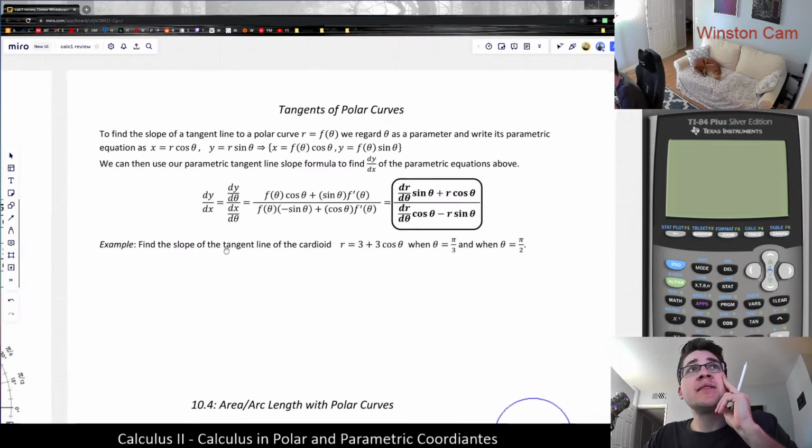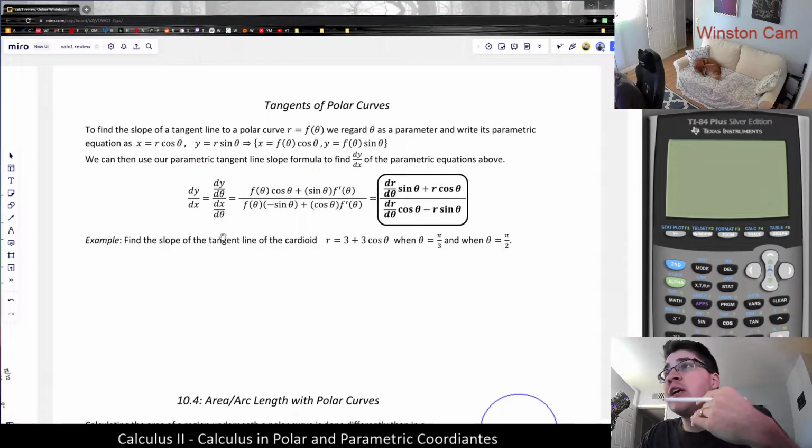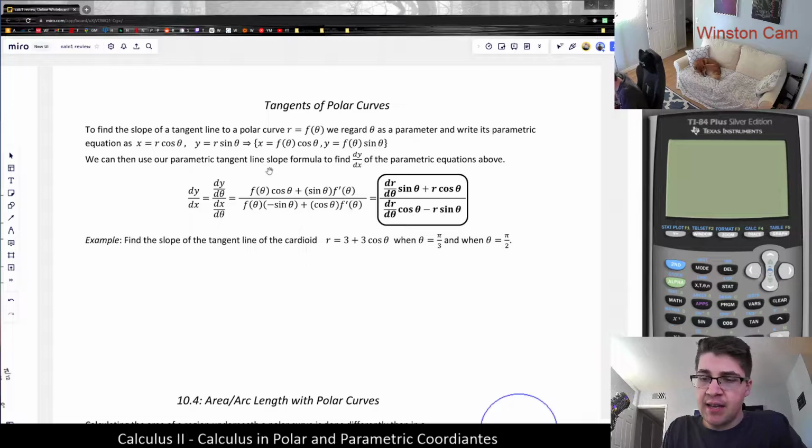But all of that being said, in general, we could turn a polar equation into parametric form. So r as a general function of theta is typically how a polar form is written.